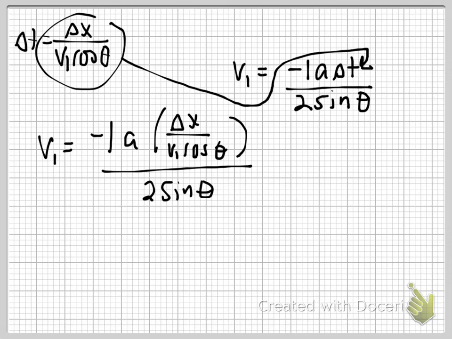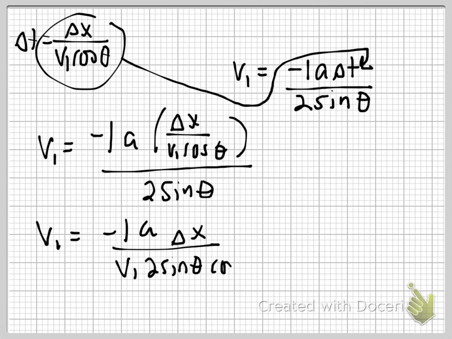Okay, here's where the algebra got a little bit funky. So I need to get both of those vi's together, and here's how you do it. So vi equals negative 1 a delta x over vi 2 sine theta cosine theta.